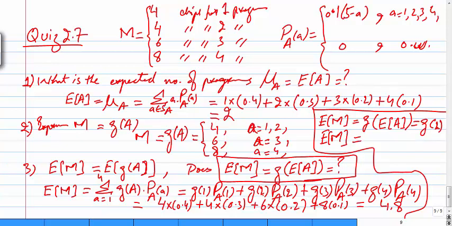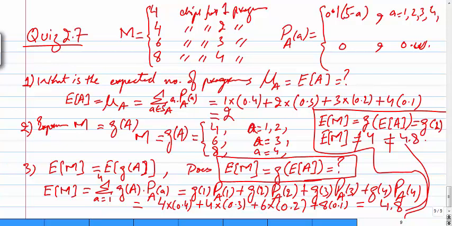Now g of 2, when we look at the relation, is 4. So this is not equal to the expected value, which is 4.8.